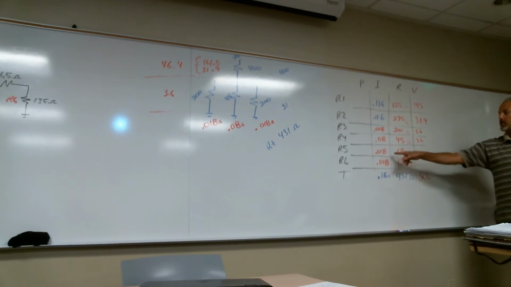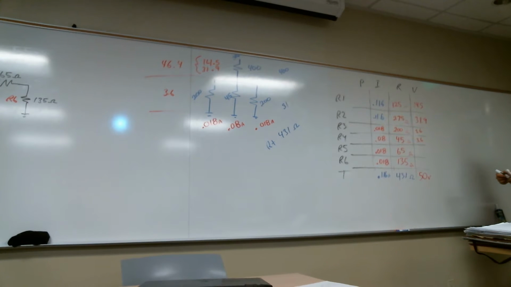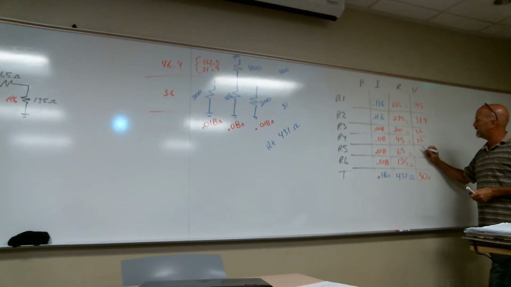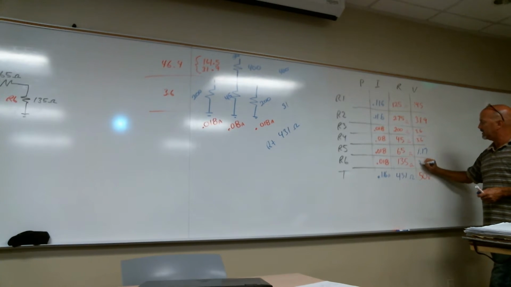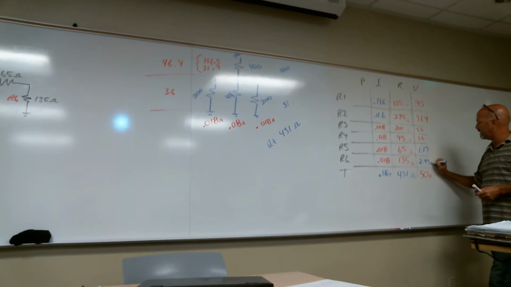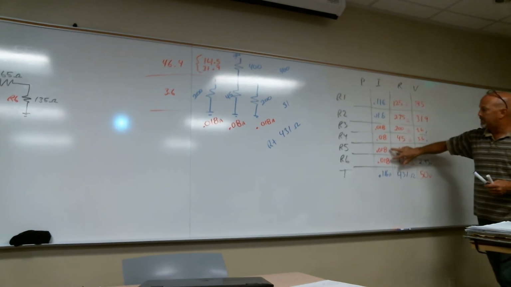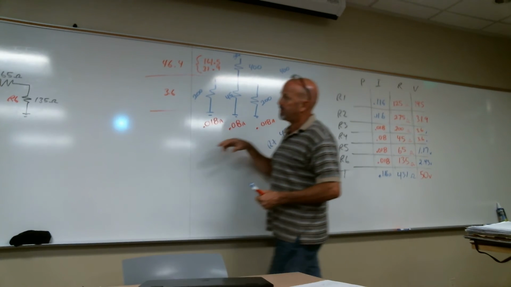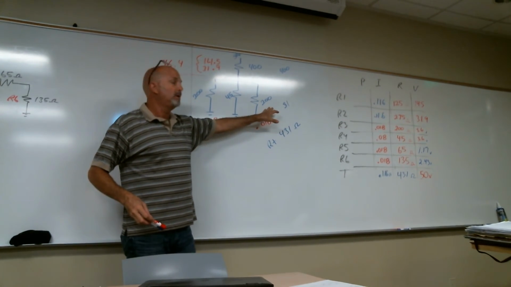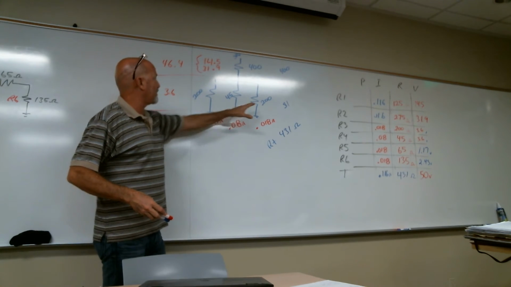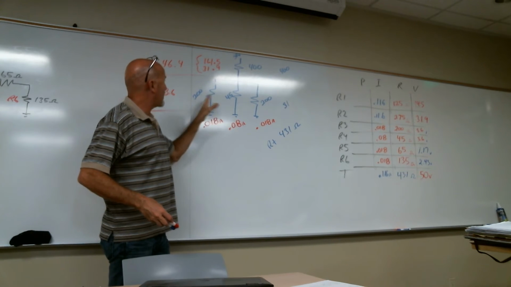So now I have a current and I use the individual resistance. What's my voltage for R5 and R6? 1.17. And R6? 2.43. How'd you get the current for 5 and 6 again? I kept them combined. I got the currents for this leg the same way I got these two.